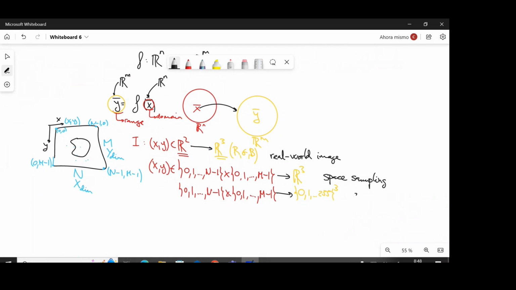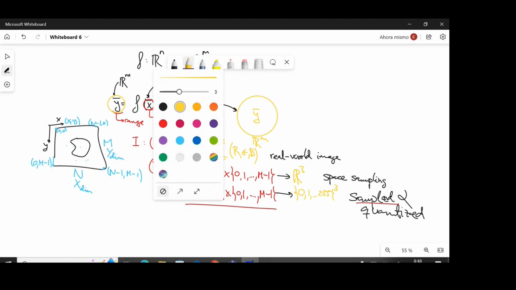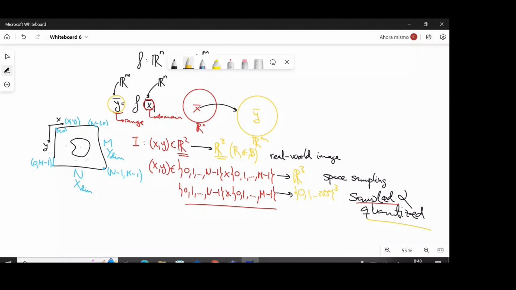So this is sampled and quantized. So quantization of colors. Sampling refers to this discretization, while quantization refers to this discretization.